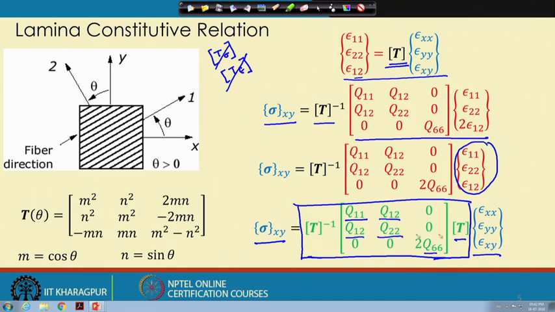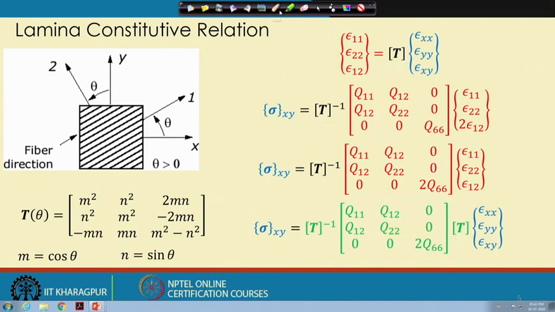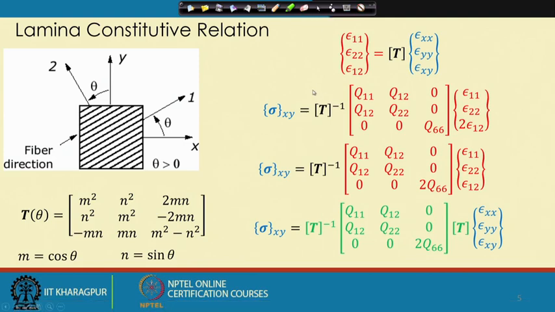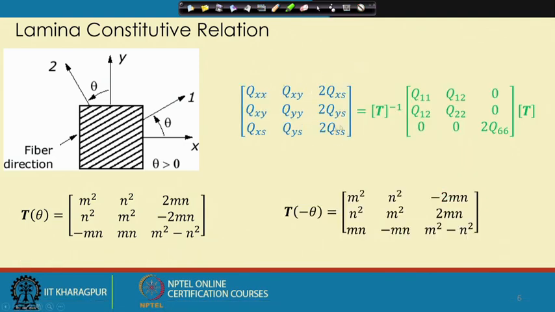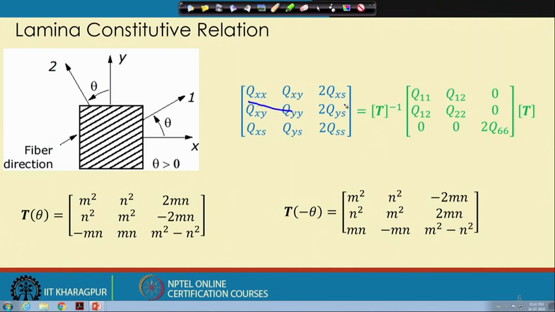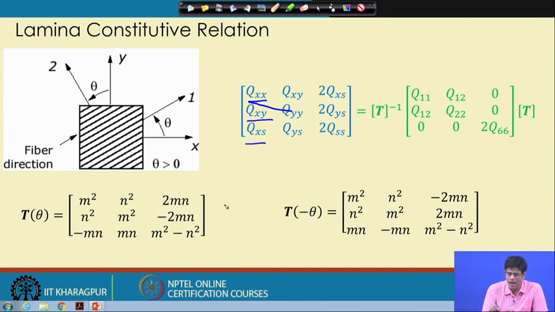If we write this constitutive matrix in a proper manner, we can compute each component of it: Qxx, Qxy, Qxs, and then Qsx, Qsy, Qss.